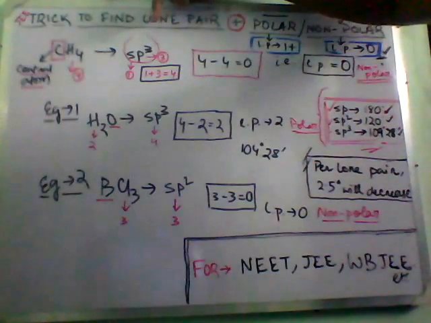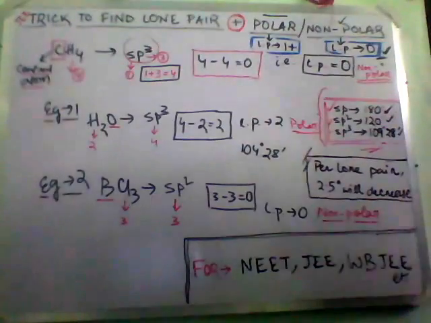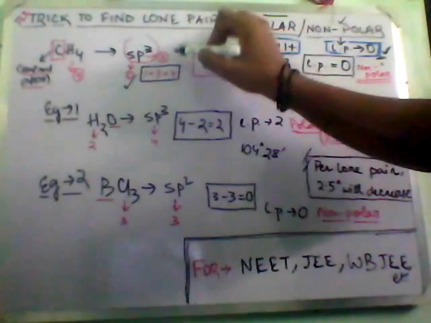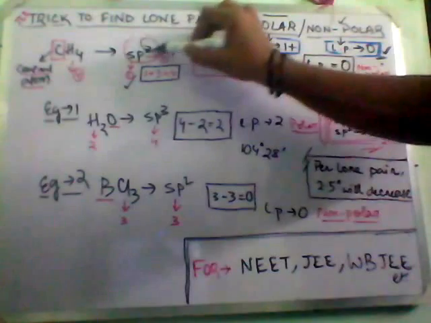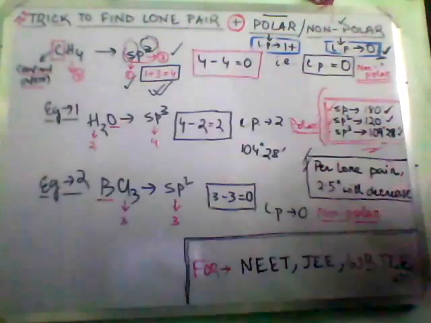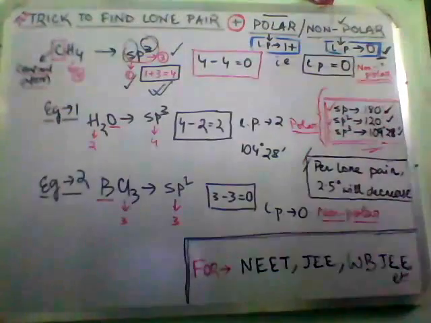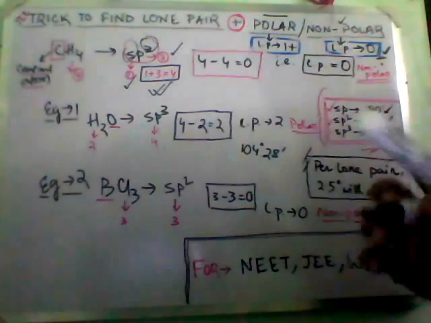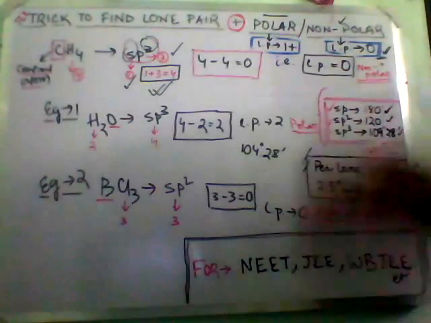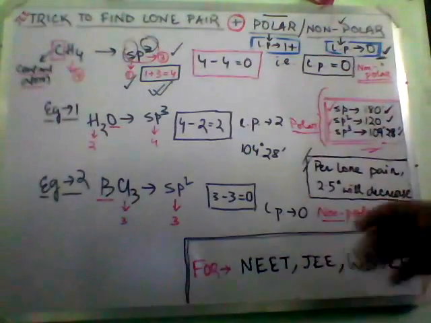How many s and how many p are here? 1 s and 3 p. See, 3 p and 1 s, that's making a total of 4. Now you just have to subtract the total number of atoms of that compound except the central atom.